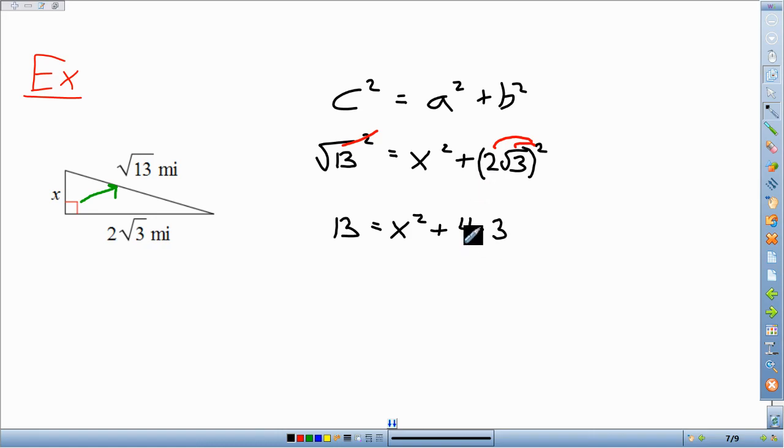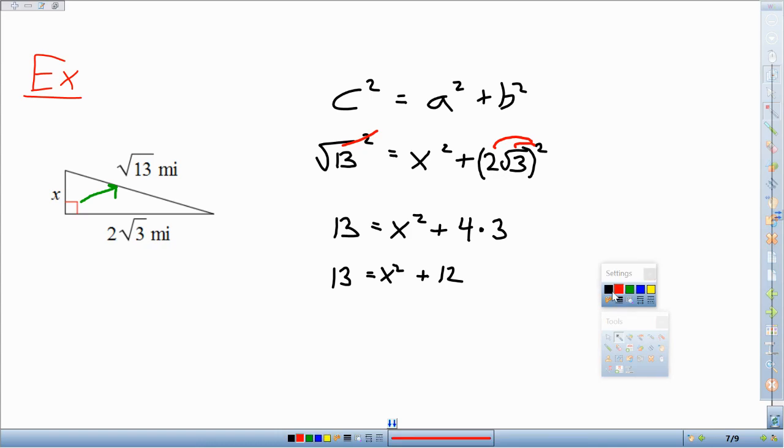These two numbers are being multiplied together. This looked crazy, but it was actually kind of nice because the radical signs and the power of 2s cancel. We end up with pretty simple looking numbers. Let's multiply these together. So we have 13 equals x squared plus 12.